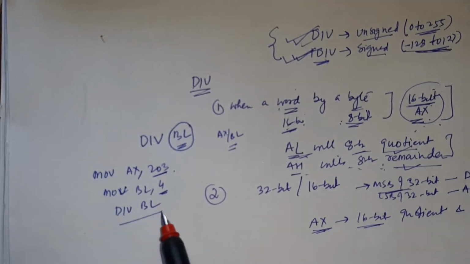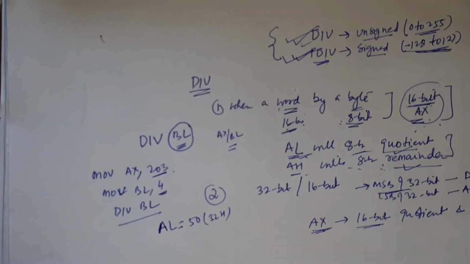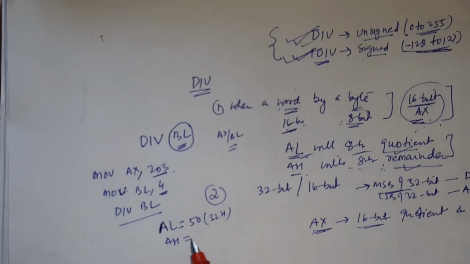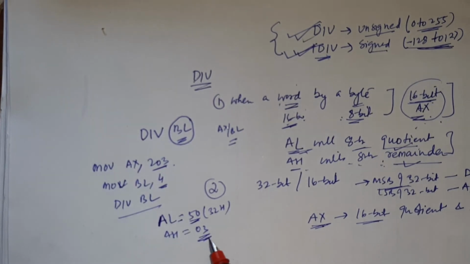Then what will we get? We will get AL equal to 50, which is 32h, and we will get AH equal to 03. Here you can see this is the quotient and this is the remainder.